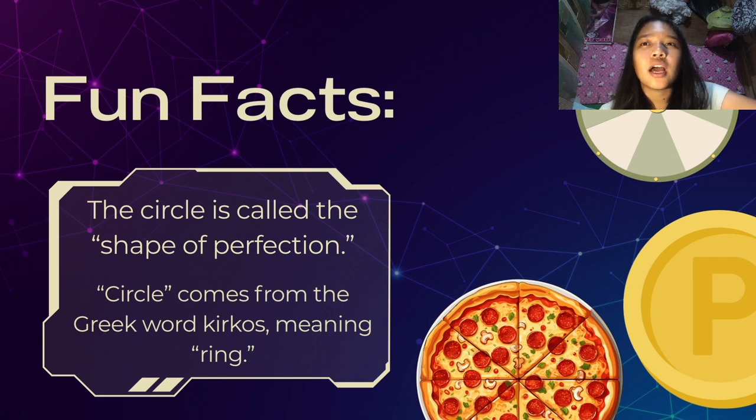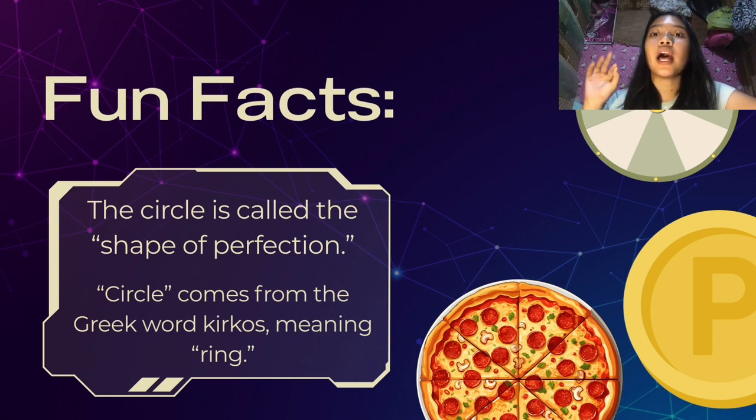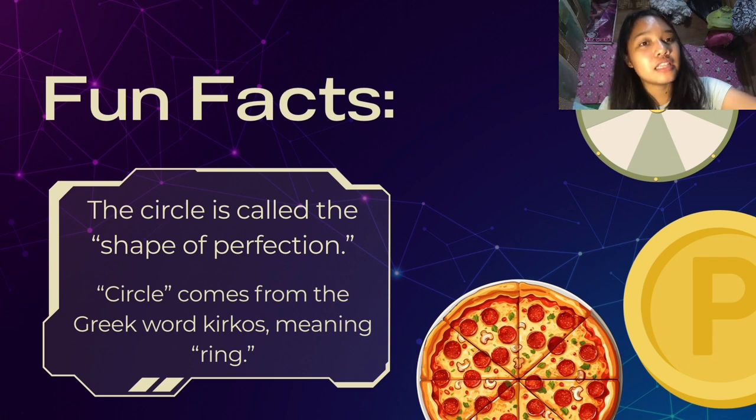But a circle is truly unique among all of them. Unlike parabolas or ellipses, it's perfectly symmetrical. Every point along the circle is equally distant from the center. That's what makes it special.